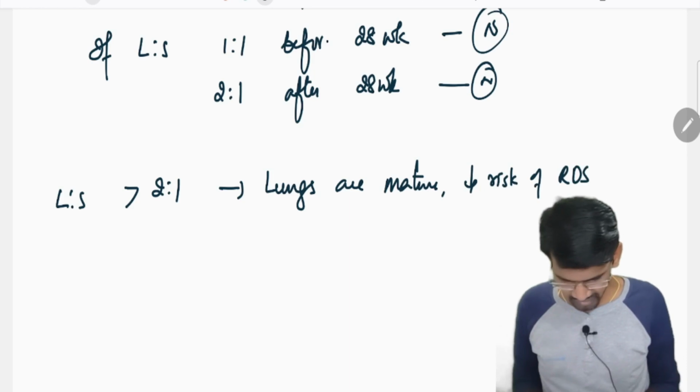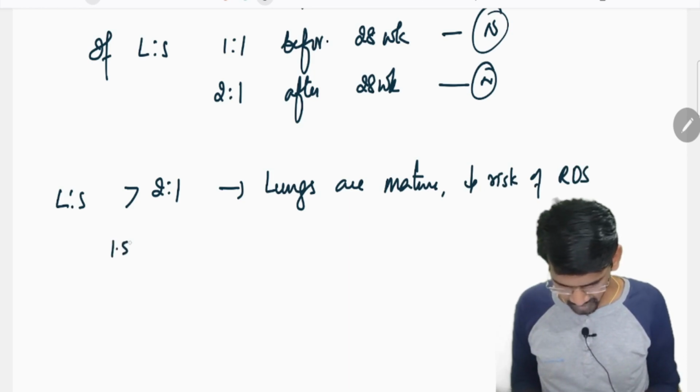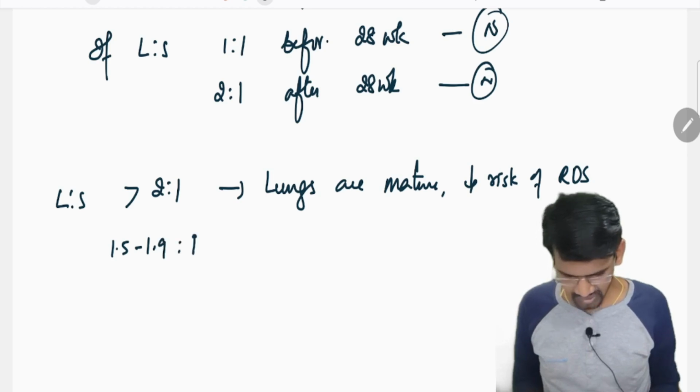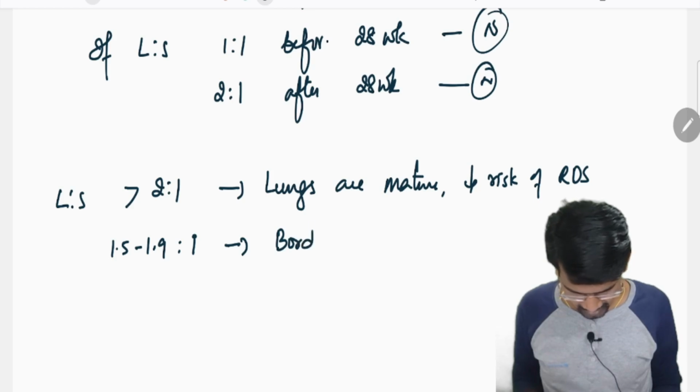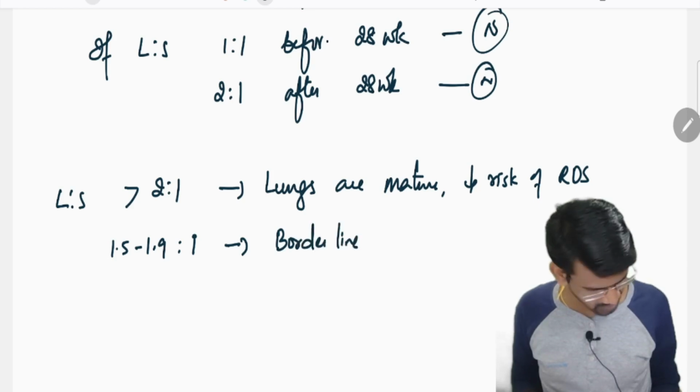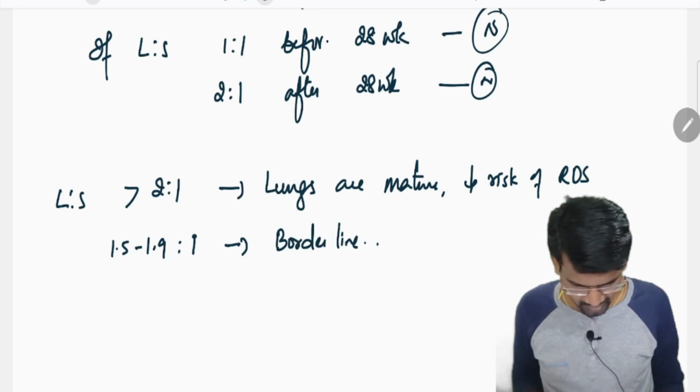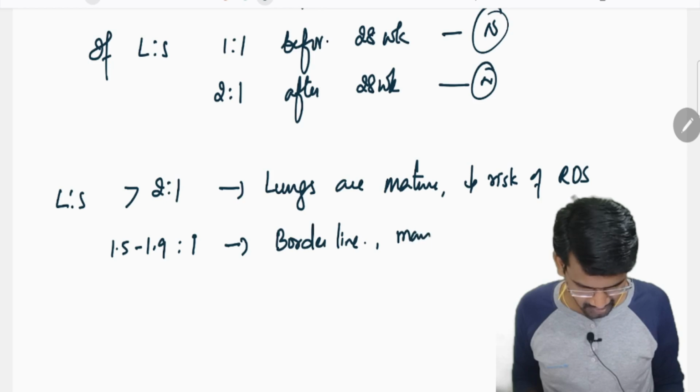If the ratio is between 1.5 and 1.9, we consider it intermediate or borderline, where maybe the lungs are mature.